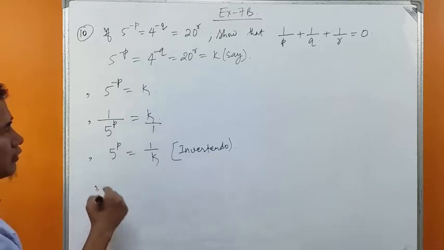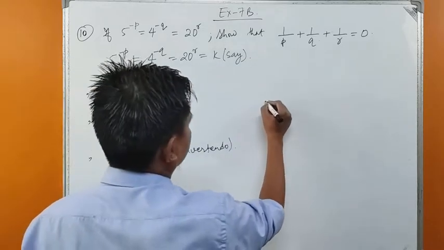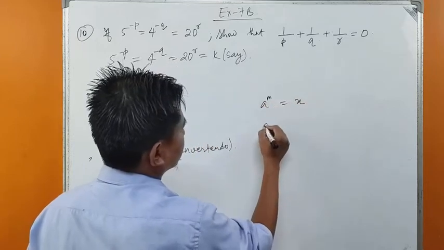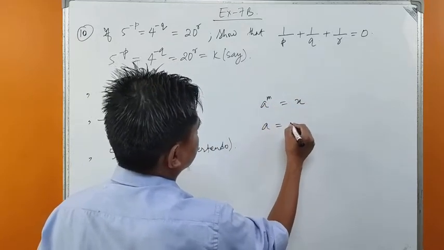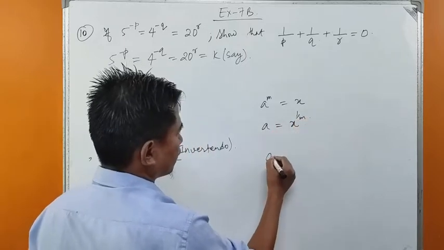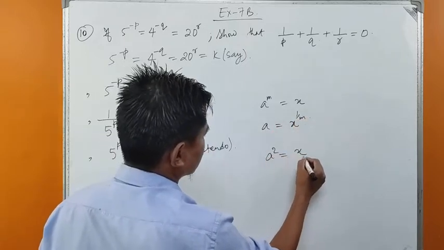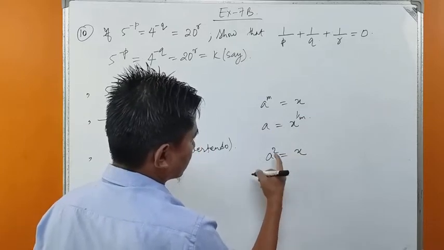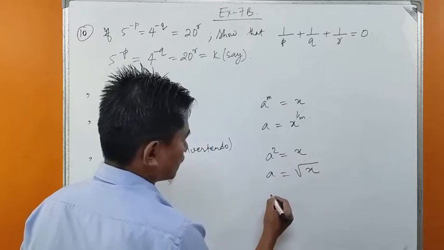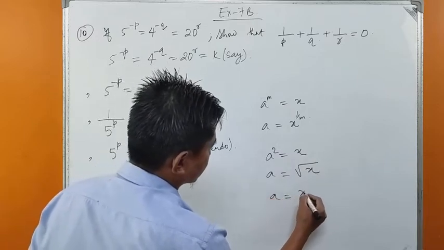Now you know that if a to the power m equals x, then we write a equals x to the power 1 upon m, isn't it? If a square equals x, then a equals root under x, which means a equals x to the power 1 by 2.